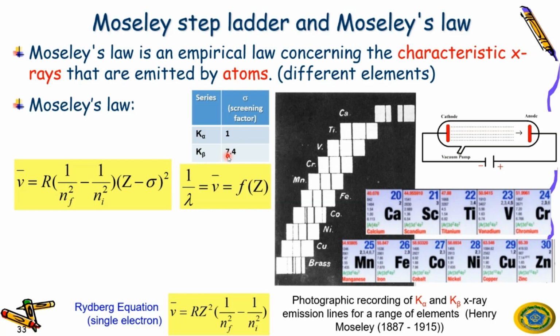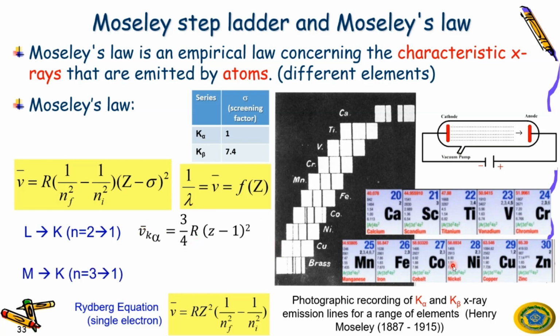But if you put 7 or 8, it doesn't fit this equation. So in the end, he used 7.4. So you put 7.4 here. This is a simple calculation for the L shell to K shell transition, that means 2 to 1, and this is how it looks.